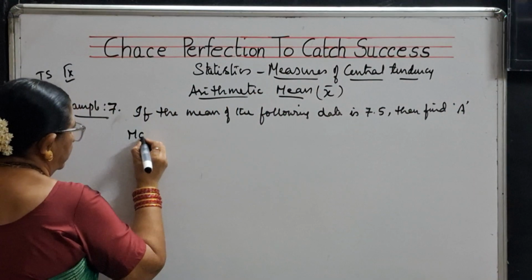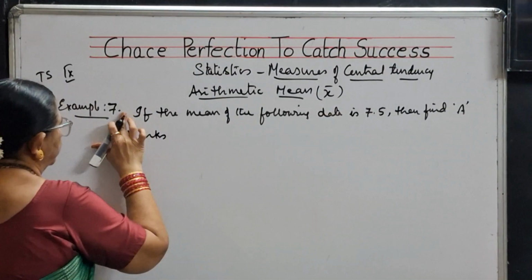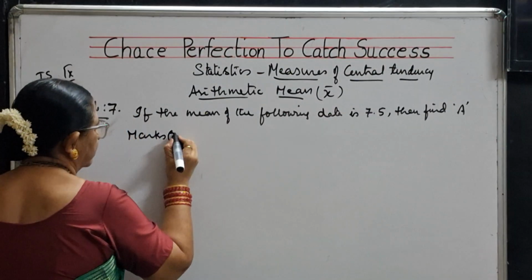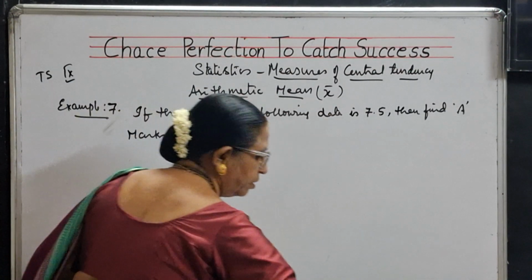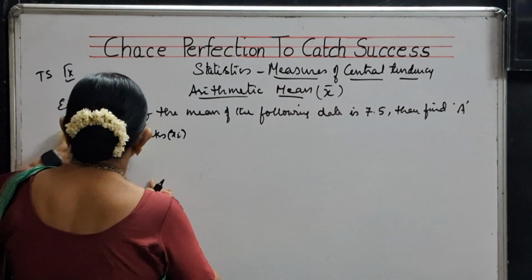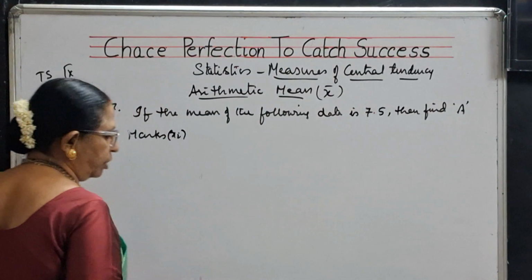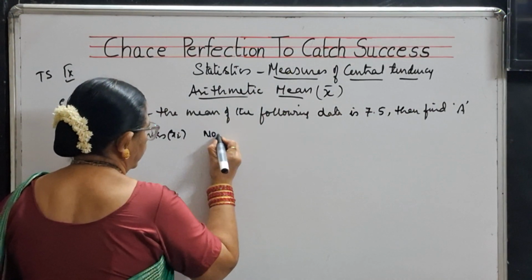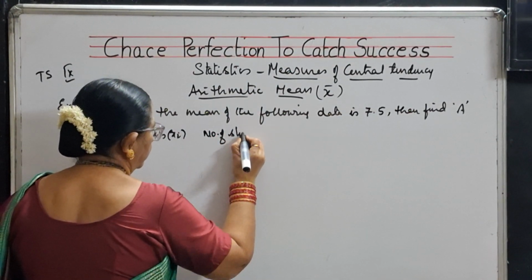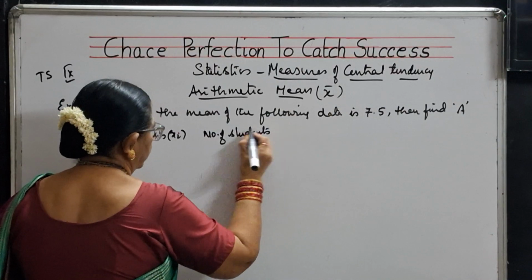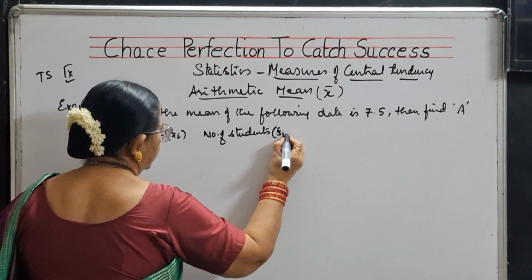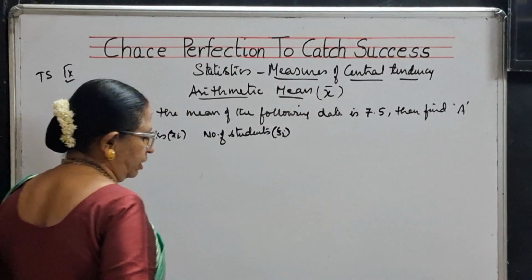Marks they have given. Marks should be considered as xi values, and the number of students can be taken as Fi. So what is given to you?